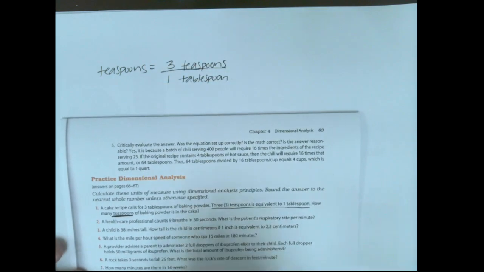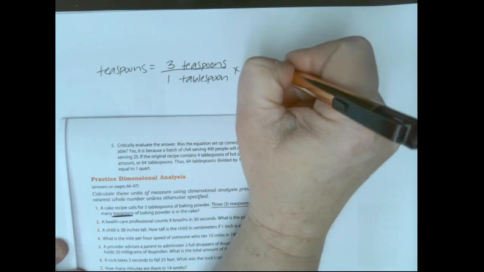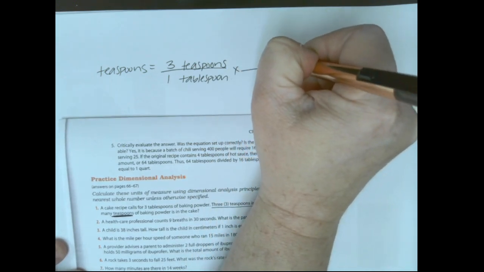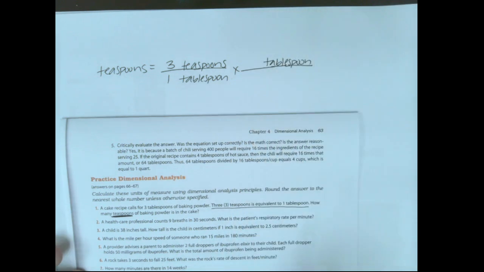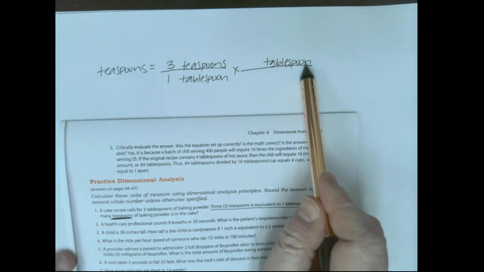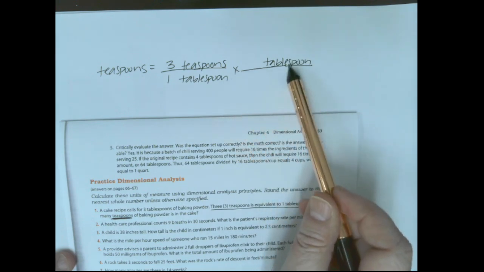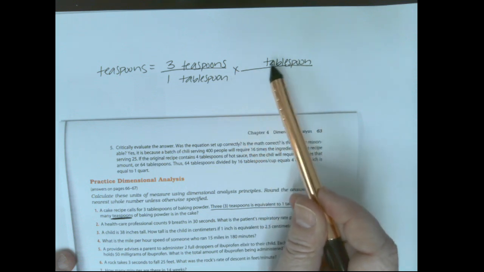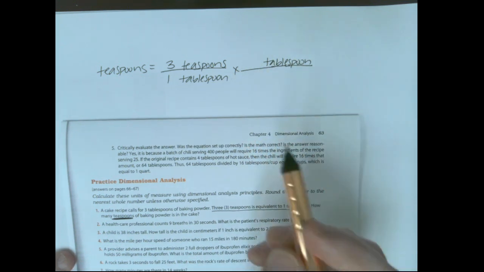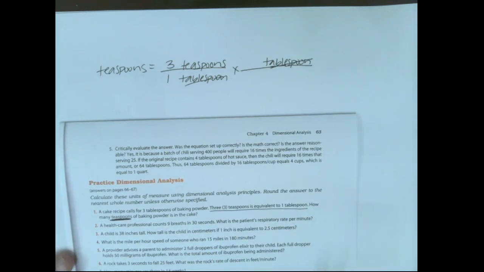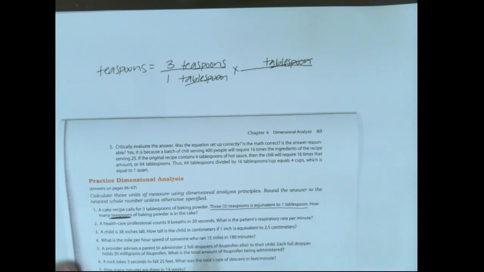Okay? So then I'm going to have another ratio. And the label of that top information is going to be tablespoons, because I want tablespoons to cancel out and not be in my final answer. So what does it tell us about tablespoons in my problem?